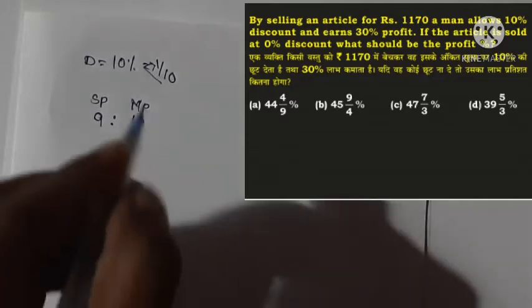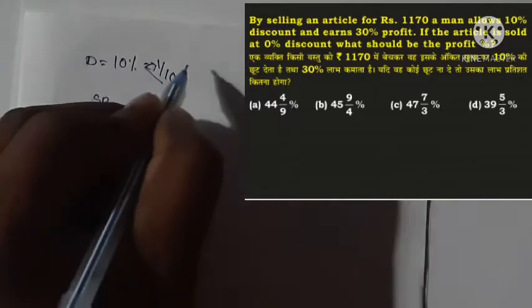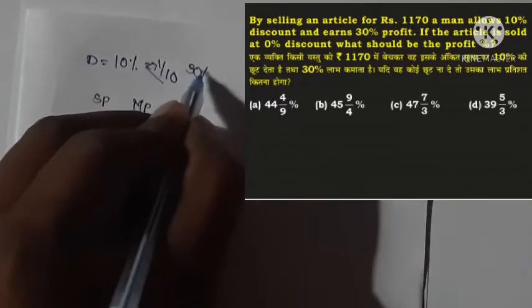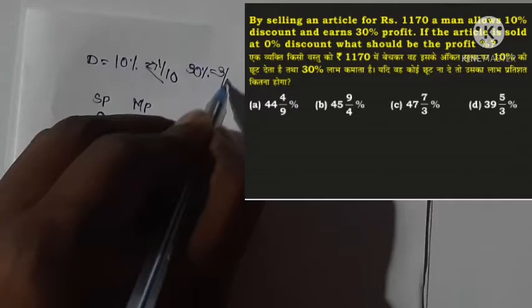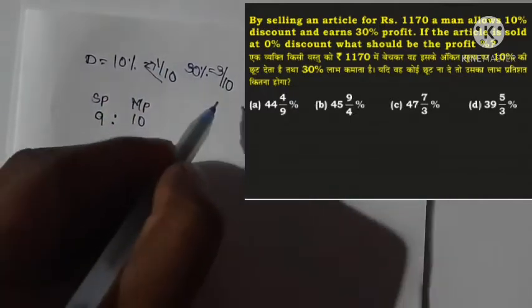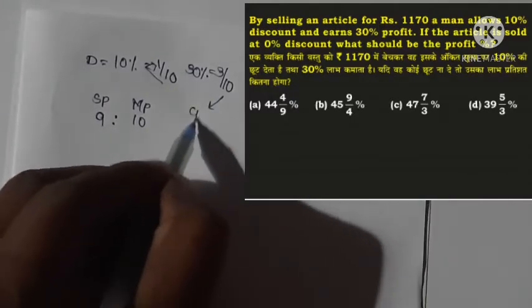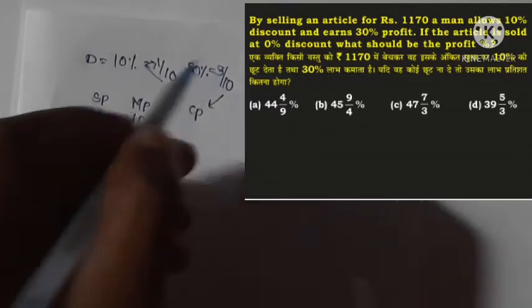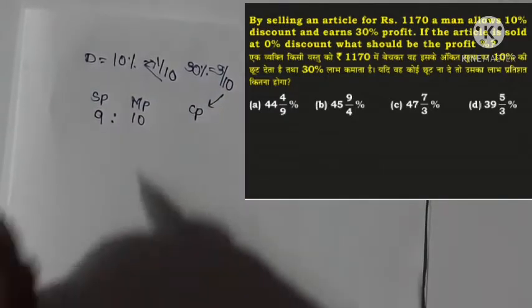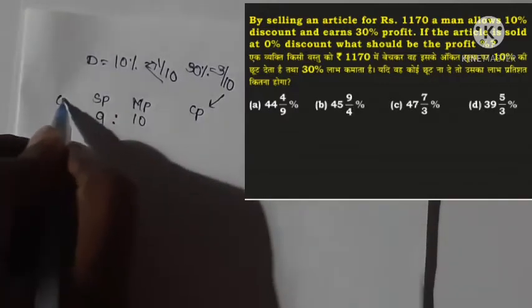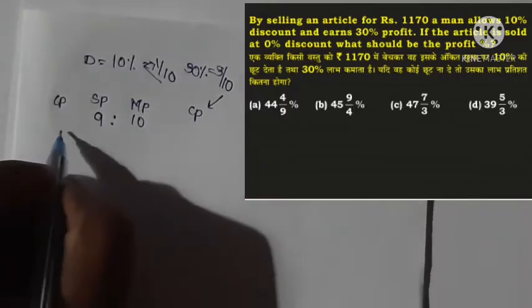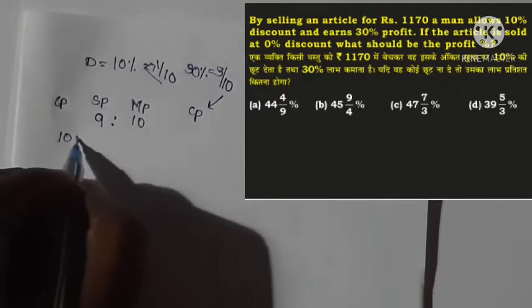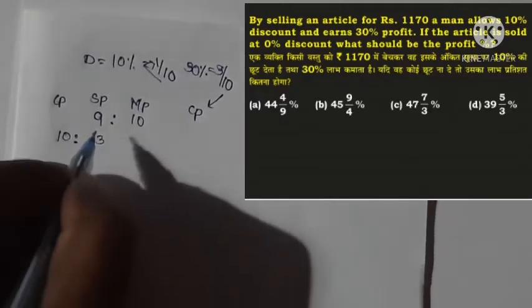Earn a profit of 30%. So 30% is equal to 3 by 10. If the cost price is 10, the selling price is 10 plus 3, so the value is equal to 13. So cost price and selling price are in the ratio of 10:13.